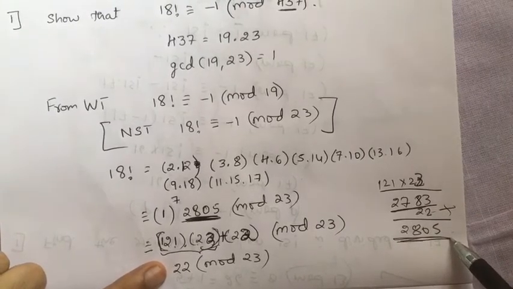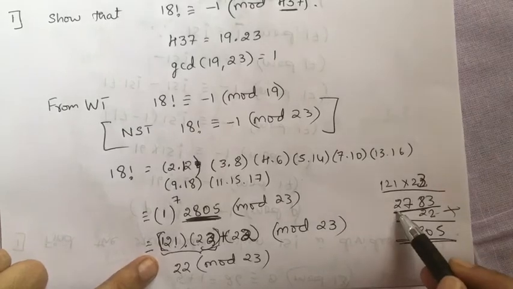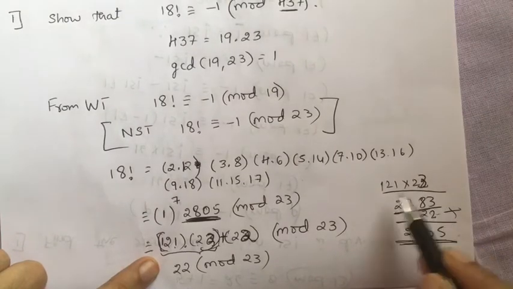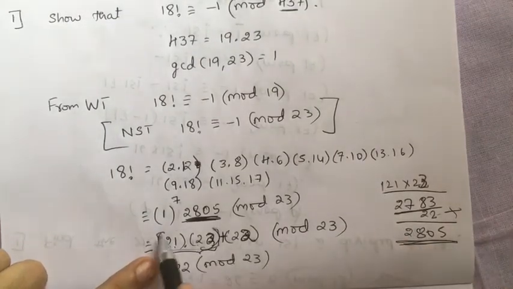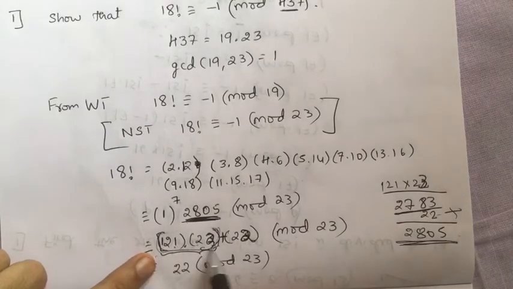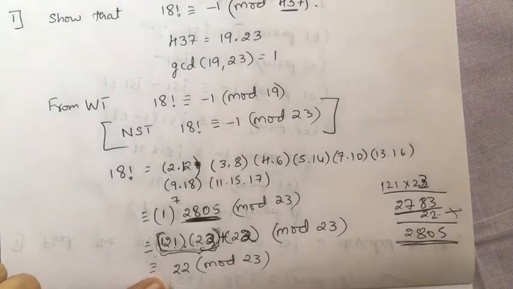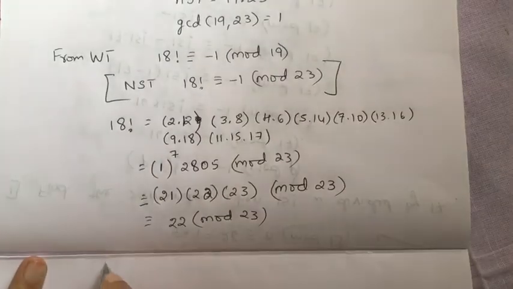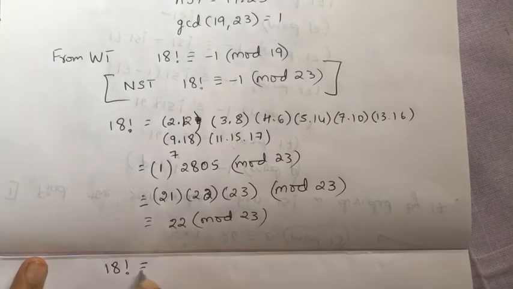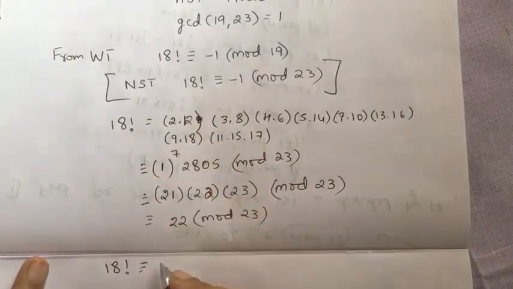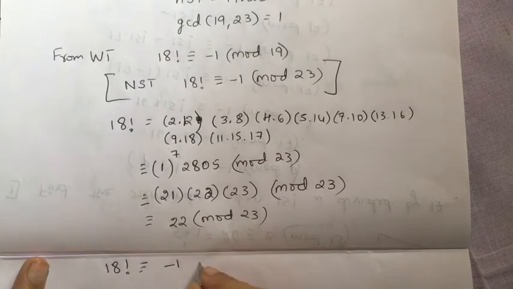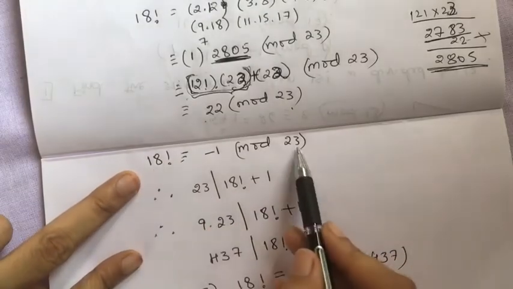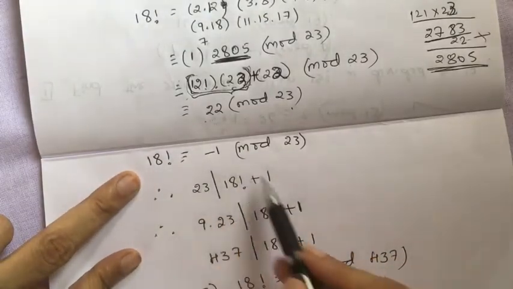So 121 into 23 is congruent to 0 mod 23 because it's a multiple of 23, and I'm taking directly 22 mod 23, so 18 factorial is congruent to 22, which is nothing but minus 1 mod 23, and it means that 23 divides 18 factorial plus 1.